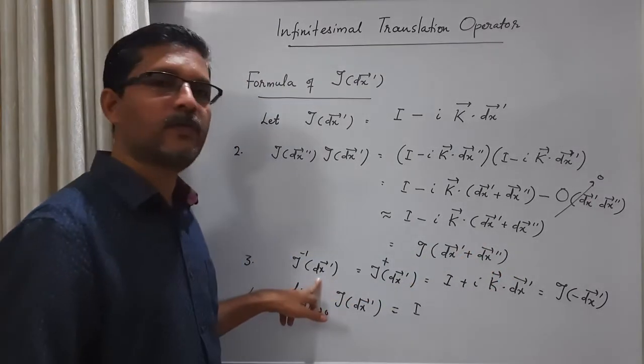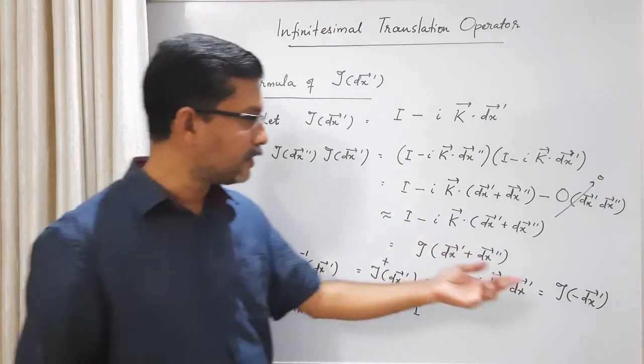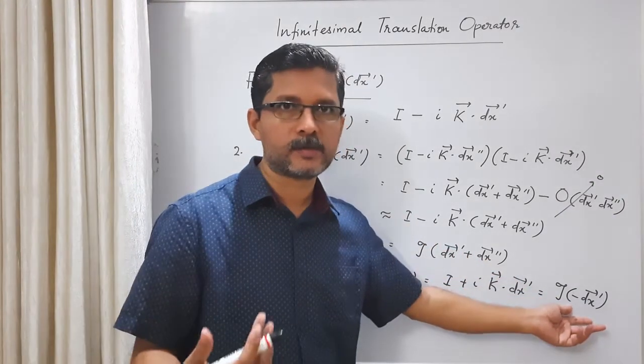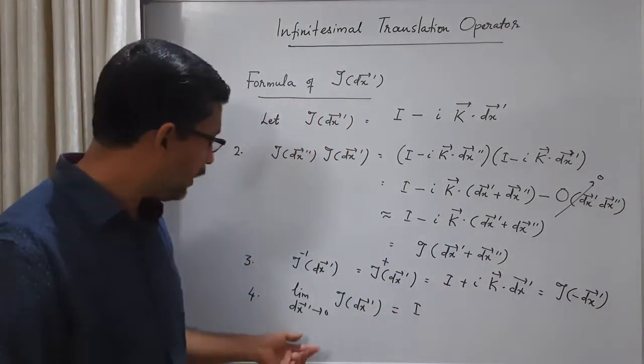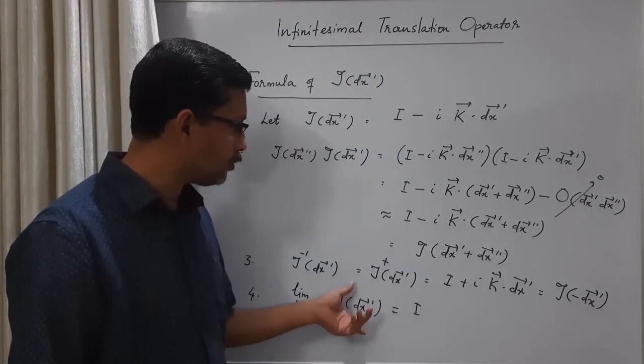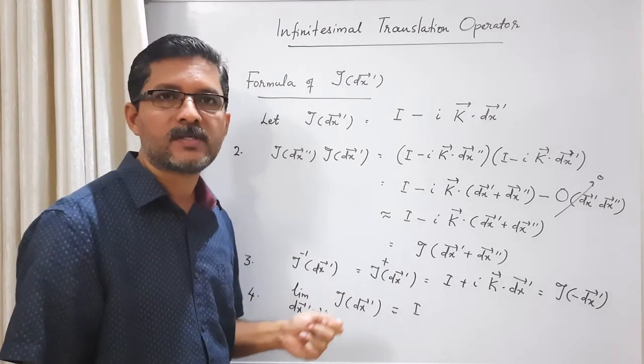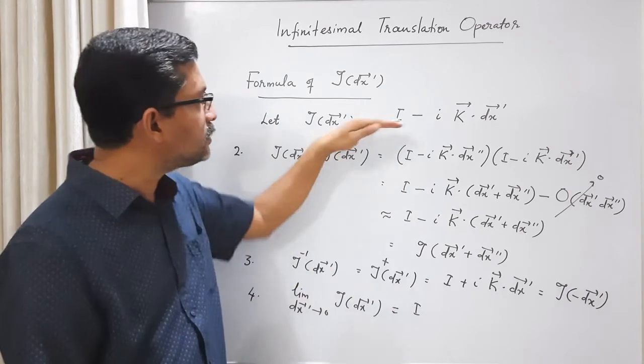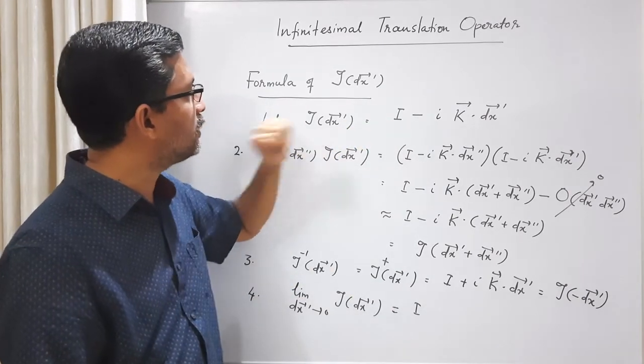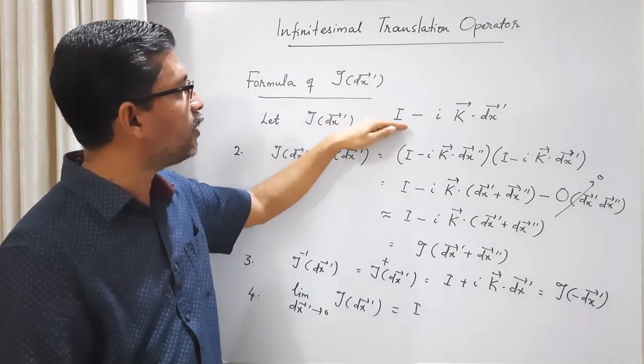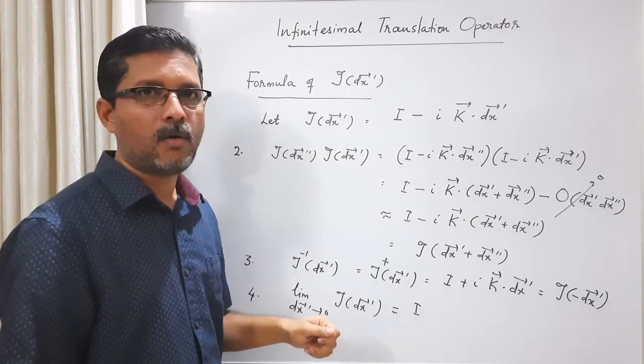And the inverse of an infinitesimal translation operator is another infinitesimal translation operator that produces a displacement in the opposite direction, and in the limit dx prime tends to 0, the infinitesimal translation operator is the same as the identity operator. So this is the fundamental result here. We have postulated a formula for the infinitesimal translation operator.